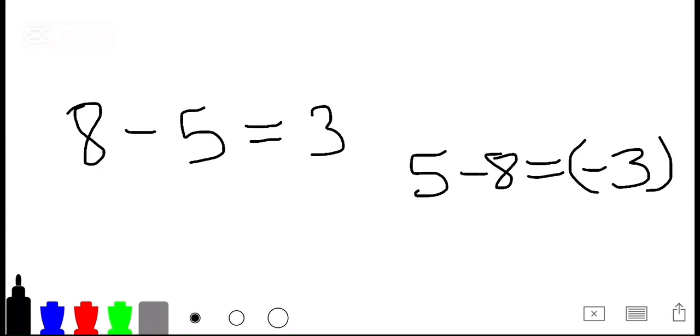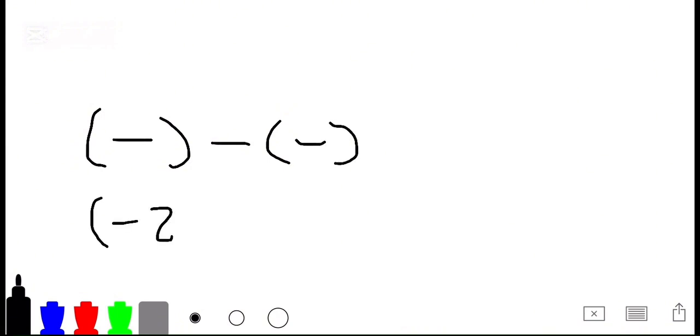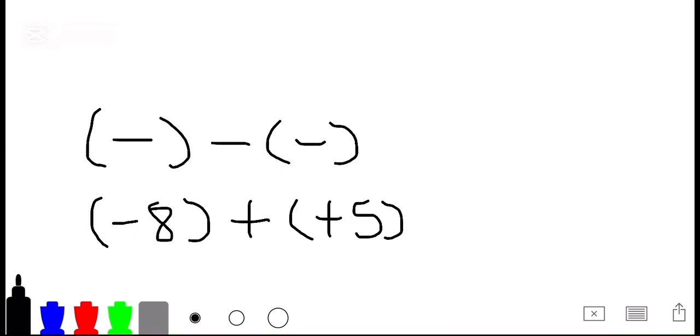But what happens if there is two negatives subtracting? For example, I'll say -8 minus -5. What we want to keep in mind is it's always easier to add than it is to subtract. So what we can do is flip these signs. We can make this into a positive and this into a positive. And what we're left with is -8 plus +5.